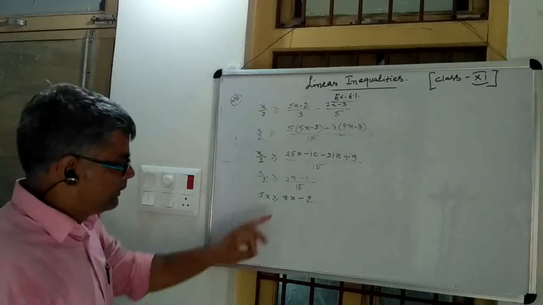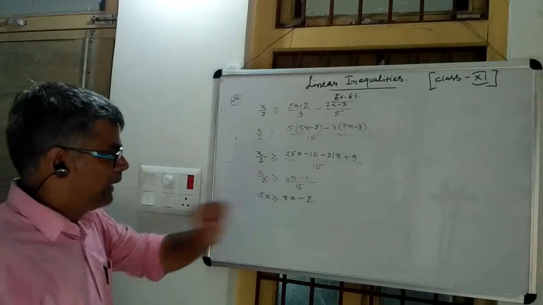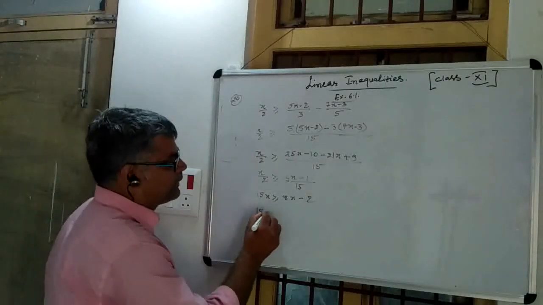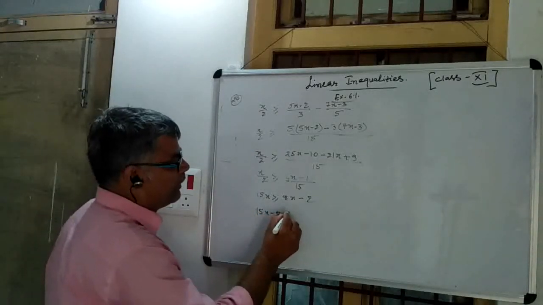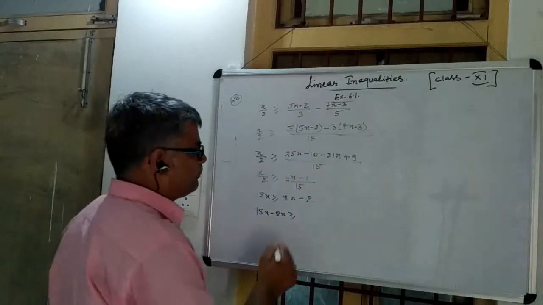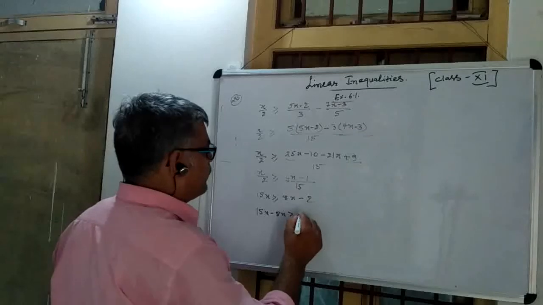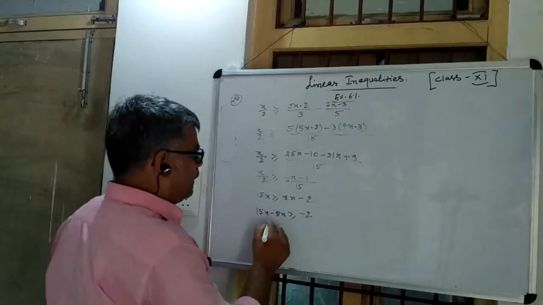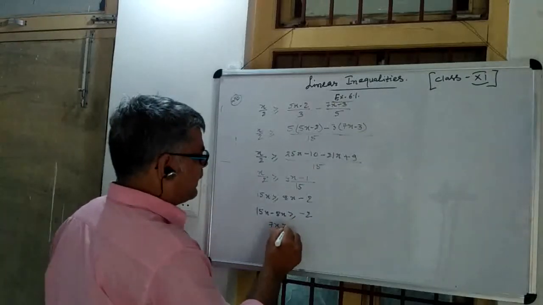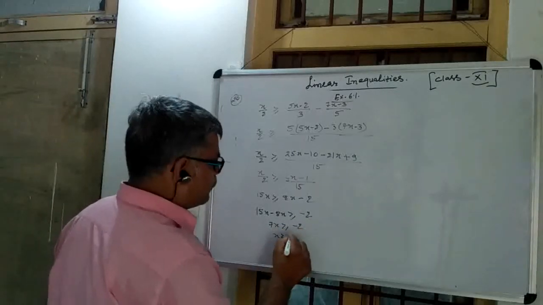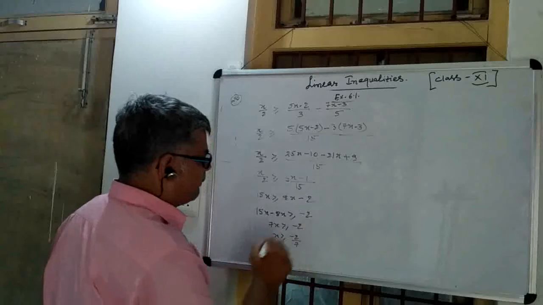So 15x is greater than or equal to 8x minus 2. Okay, correct. So it is 15x minus 8x is greater than or equal to minus 2. So it will become 7x is greater than or equal to minus 2. So x is greater than or equal to minus 2 by 7.